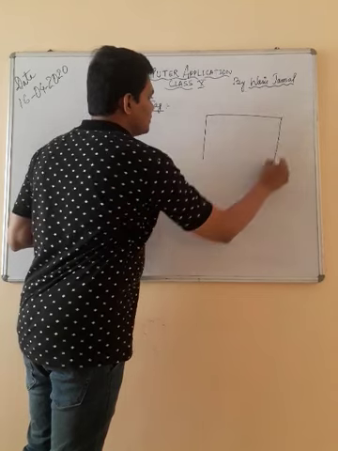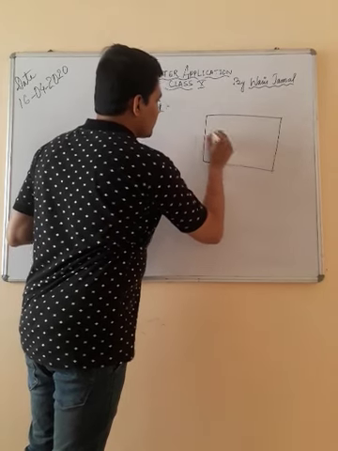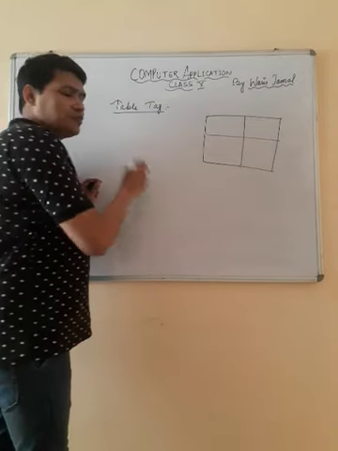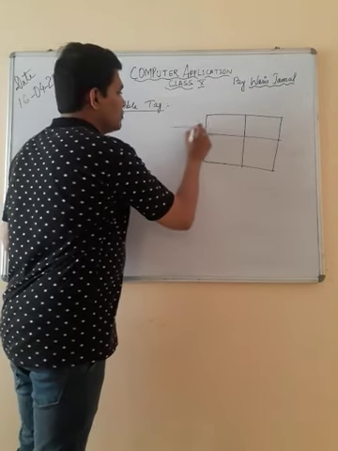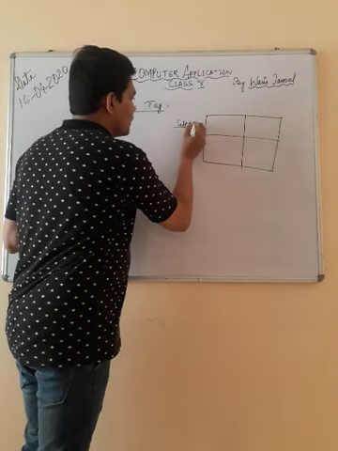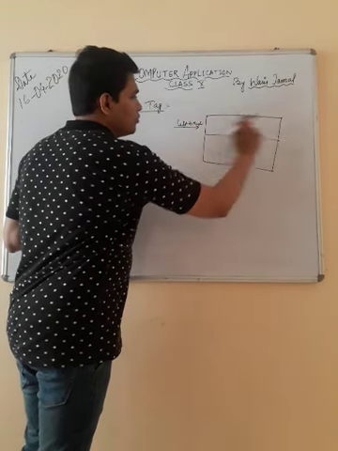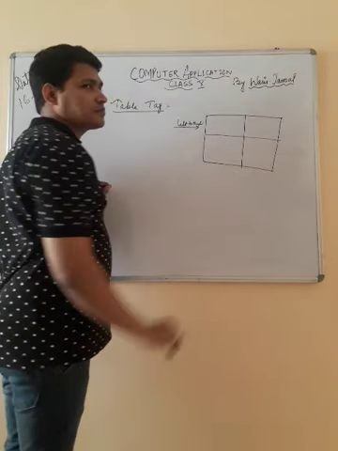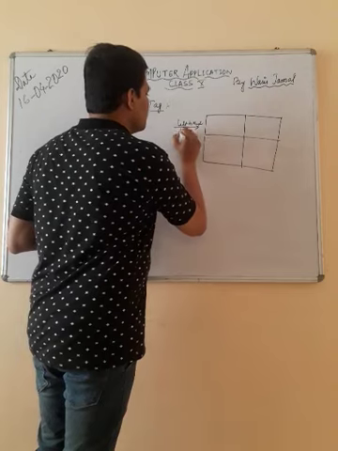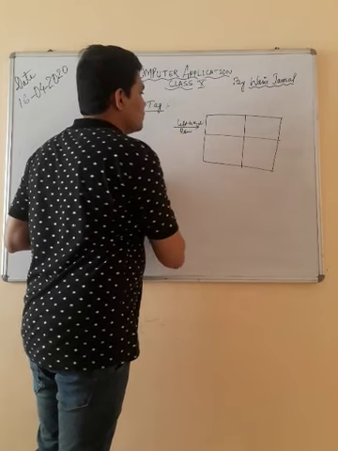Students, I am just drawing a table. When you go from left to right horizontally, that is called a row.